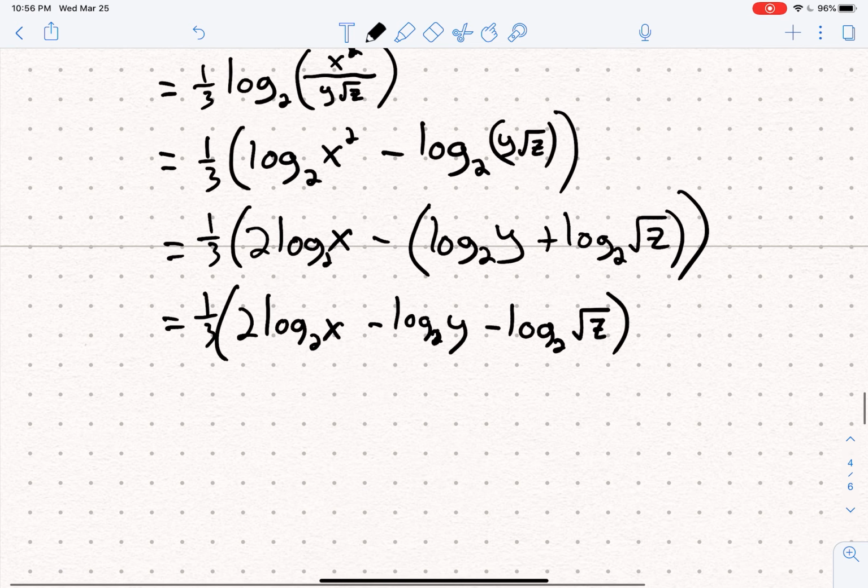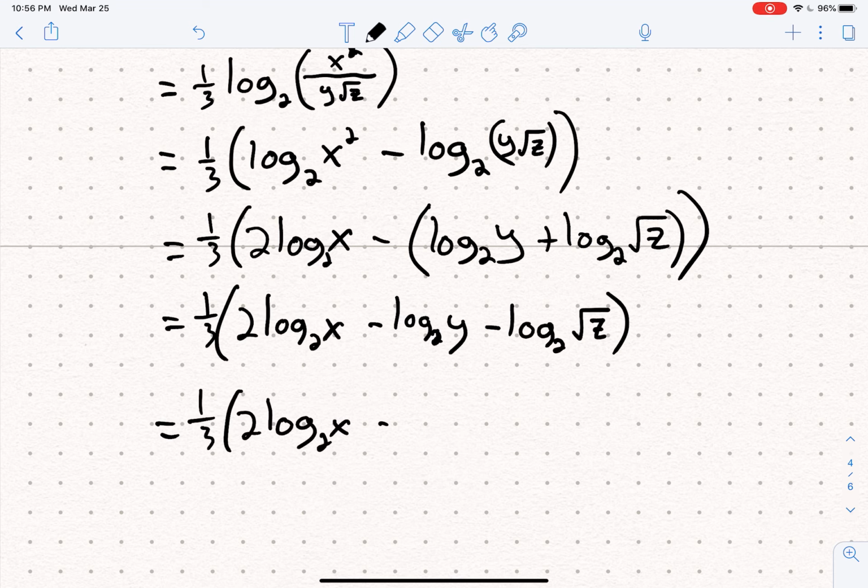Now, there's one more thing that I see I can do here, which is that this radical z, I can change that to z to the half power. And you may be looking ahead a step and thinking, if I have a 1/2 power on that z, I can bring it out into the front. And that's exactly what I'll do in the next step. So log in base 2 of y minus log in base 2 of z to the half.